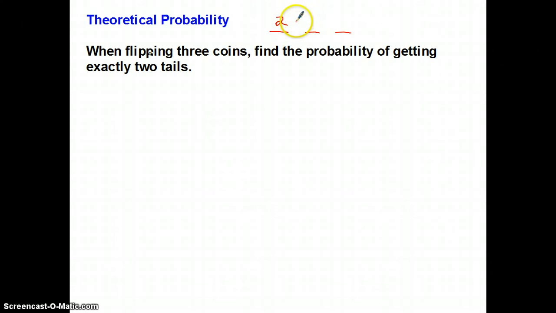So we have 2 different possibilities, and we have 2 different possibilities in the second flip, and then 2 different possibilities on the third flip. And so the number of different outcomes that we could see here would be, if we multiplied the 2's, we end up with 8 different possibilities.